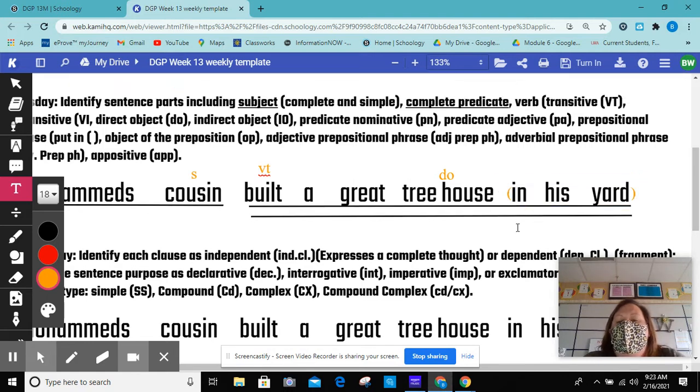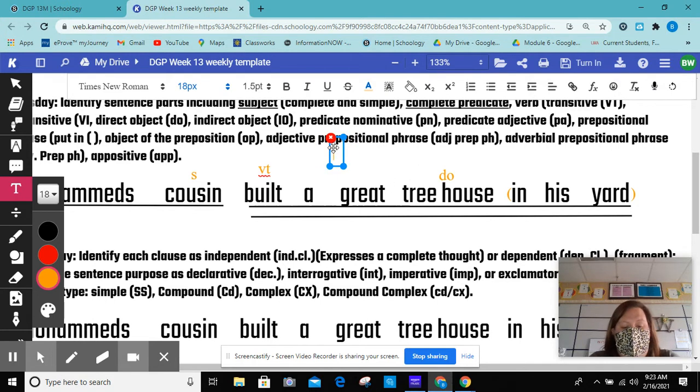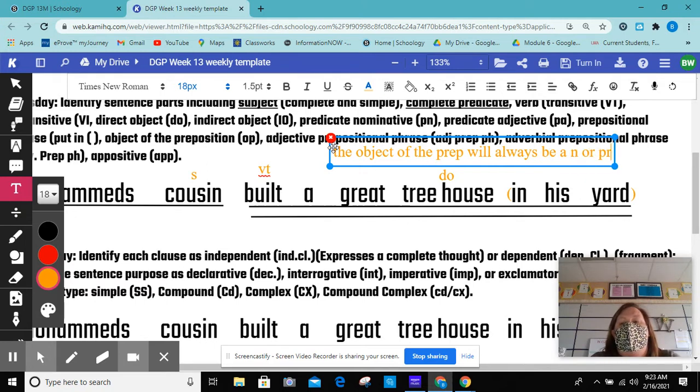Now, we have to identify our object of the preposition. The object of the preposition will always be what part of speech? Will always be a noun or pronoun. Good.